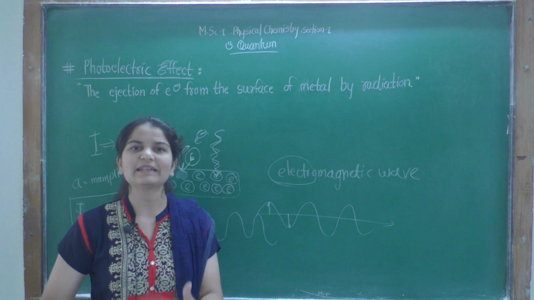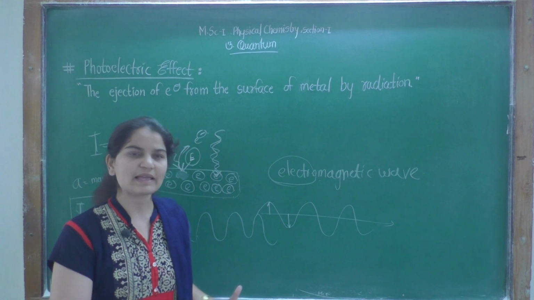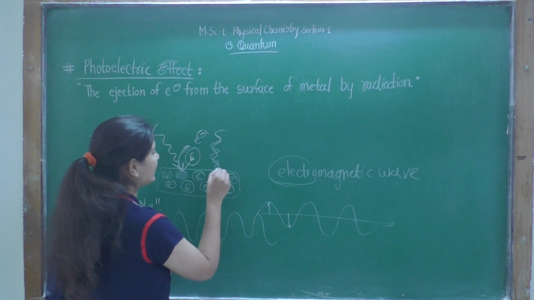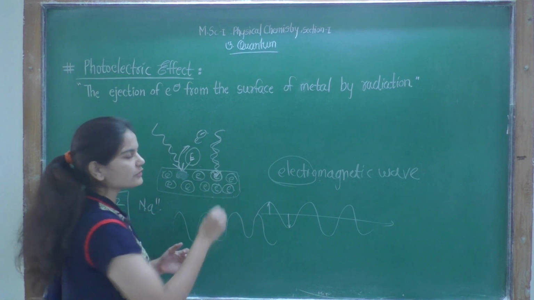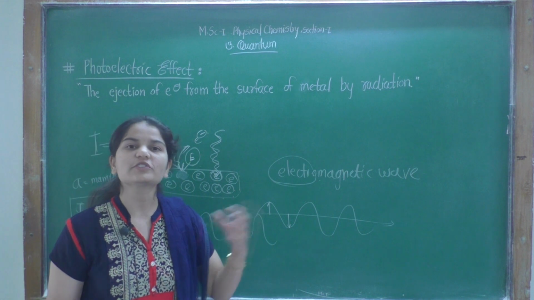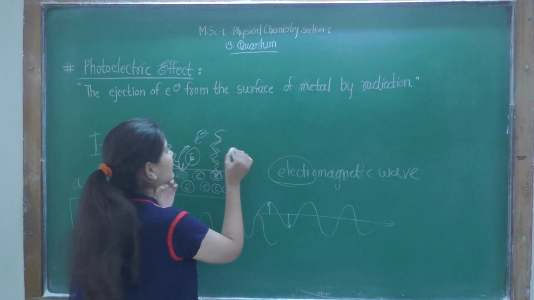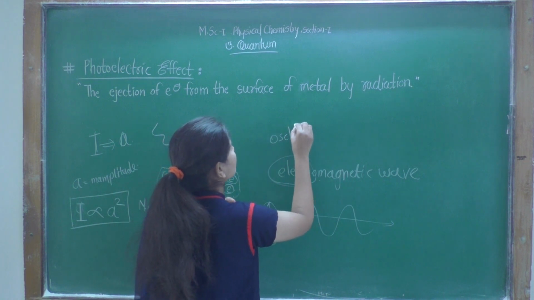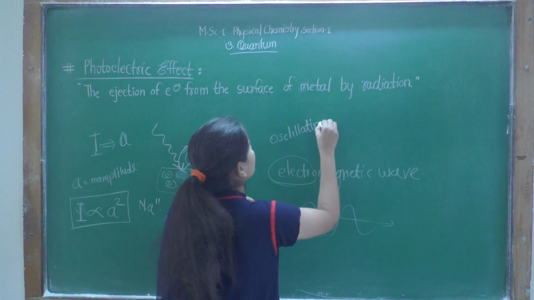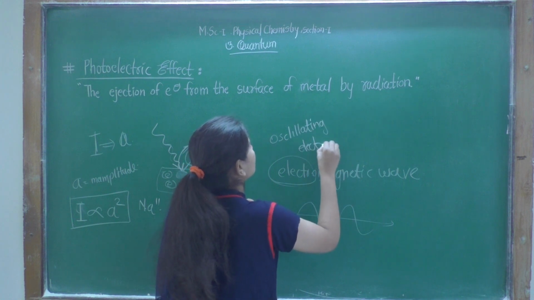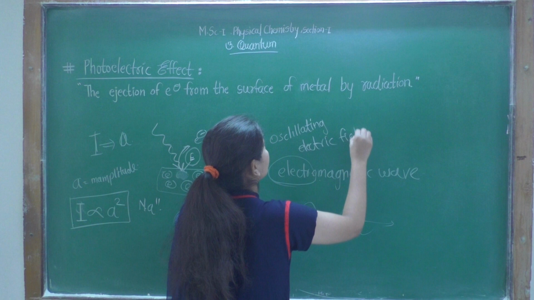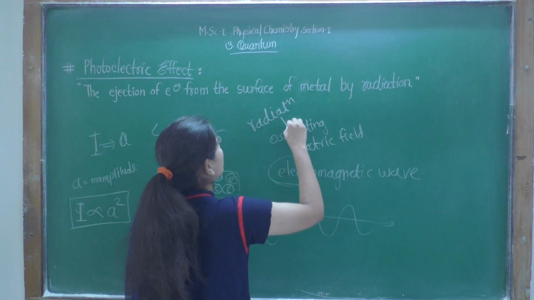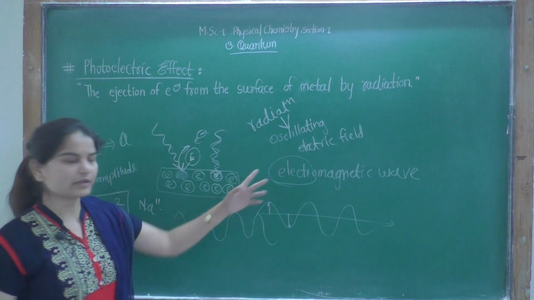Perpendicular oscillating electric and magnetic fields. So it has some electric field, and due to this electric field, the electrons on the surface of the metal will also start oscillating. Radiation consists of a perpendicular oscillating electric field, right?